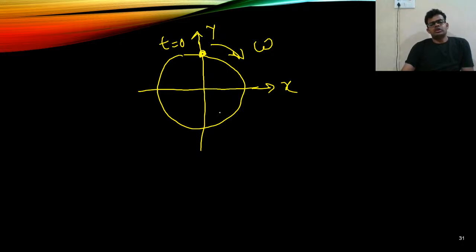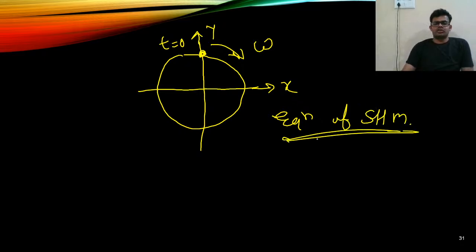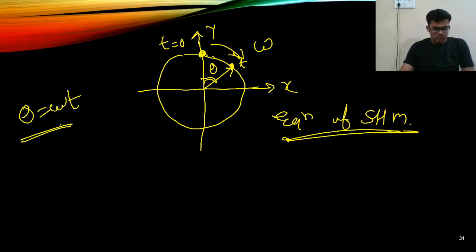You need to find the equation of SHM for this particle. So how will you find it? The particle at t is equal to 0 is here. It will move from here to here, so the particle will come here. This is the position vector. The angle covered is theta, in time t, so theta will be equal to omega t.